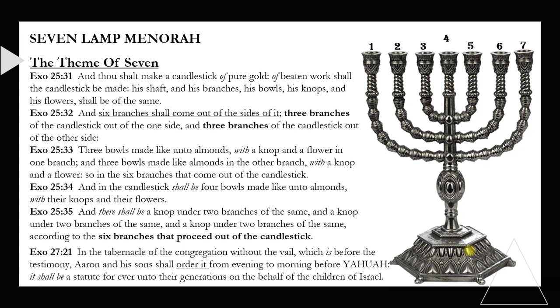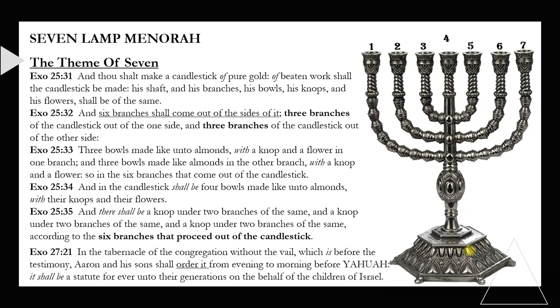And 6 branches shall come out of the sides of it, 3 branches of the candlestick out of the one side, 3 branches of the candlestick out of the other side. 3 bowls made like unto almonds with a knop and a flower in one branch, and 3 bowls made like almonds in the other branch, with a knop and a flower.